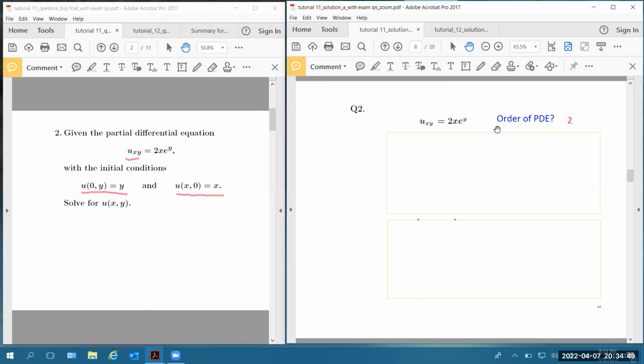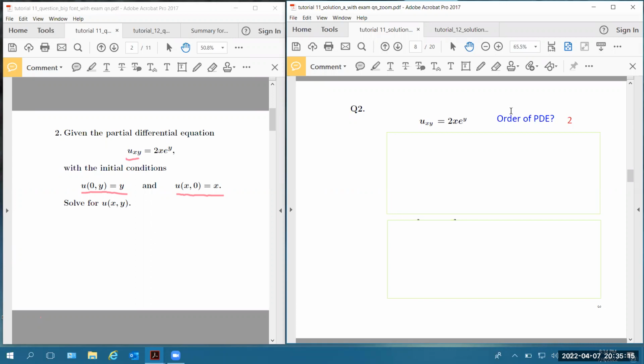Now, why do we want to know the order of the PDE? That's because when we use direct integration, after integration we will get arbitrary functions, something like arbitrary constants, but now they are called arbitrary functions. How many arbitrary functions will we get?